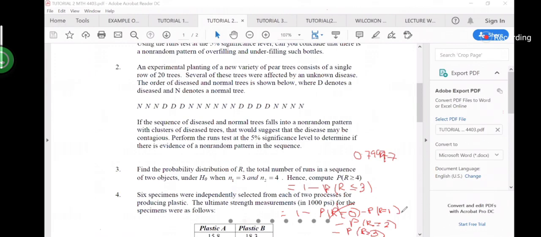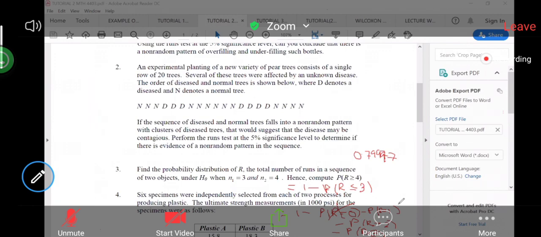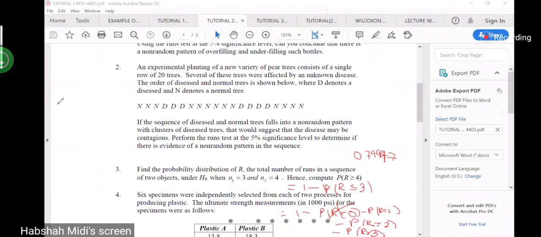To find the probability R equal to 1, which formula do you use? The second formula, isn't it? Where probability R equal to 2 mu plus 1.